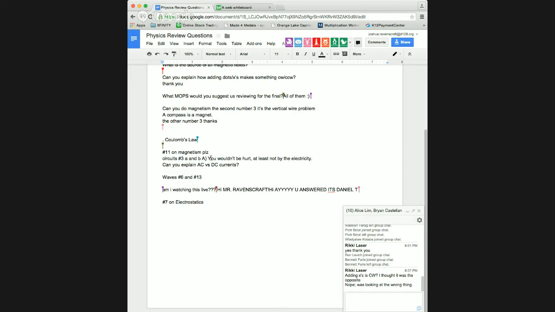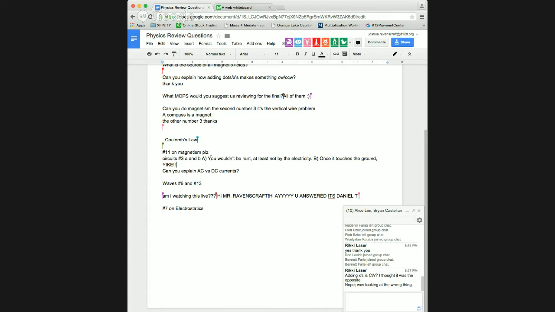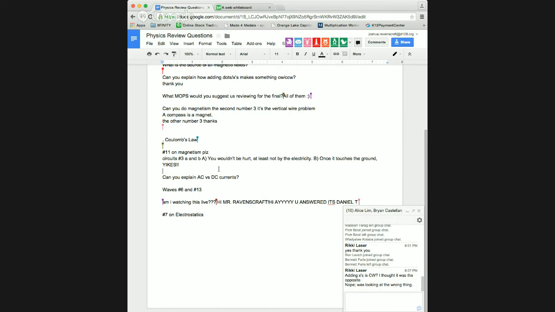So there's no difference of voltage, okay? But once it touches the ground, now you've given a path for the voltage to go, and then yikes. Then bad things happen because now you've given it a path. So you're okay as long as you don't touch anything else. But once you touch something else, then you're not okay.